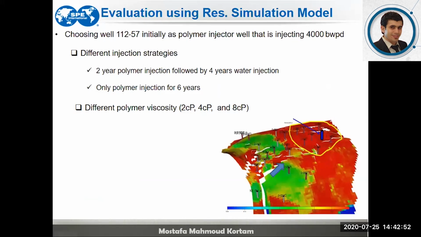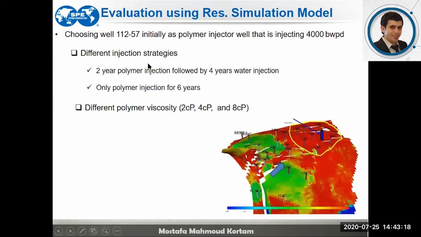So we constructed a numerical simulation, and as I just mentioned, we started with 57 as a reference well, the polymer well designed for polymer injection, in order to sweep all the oil towards the producer.